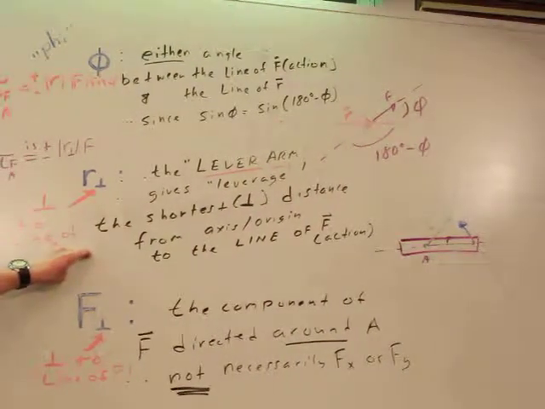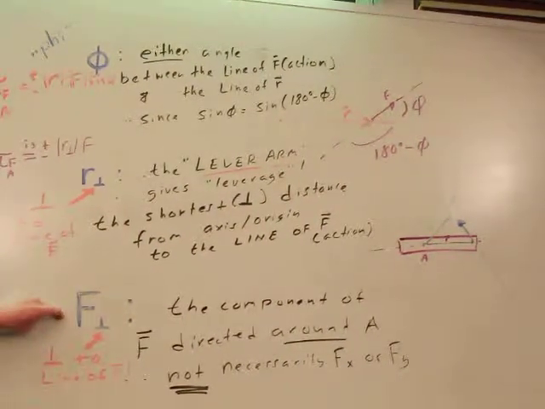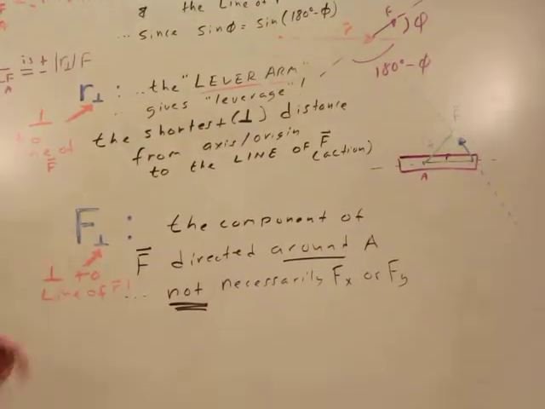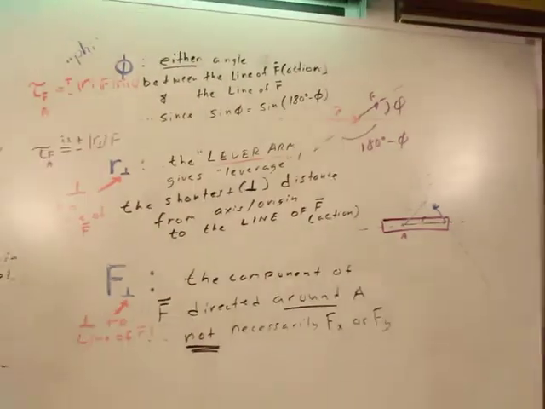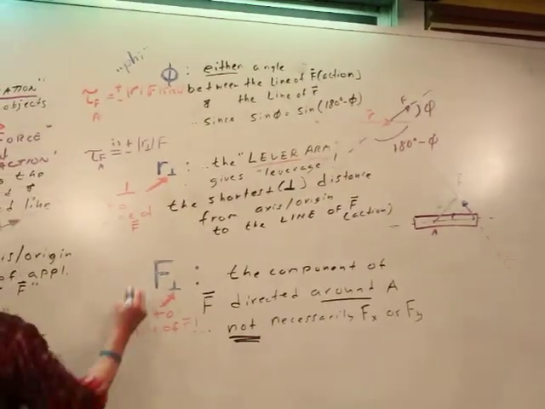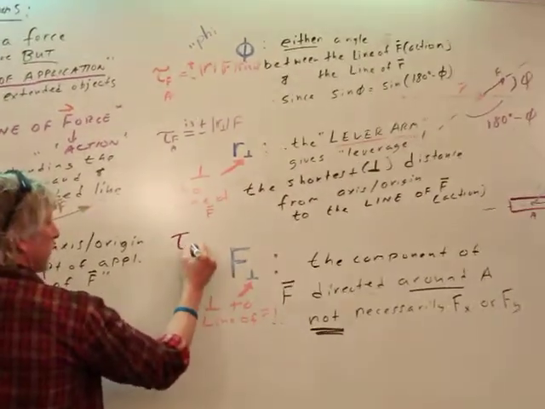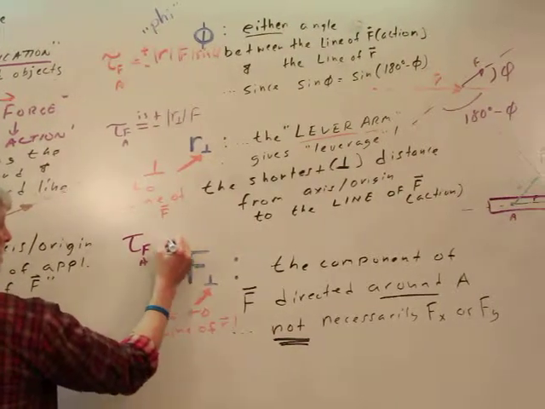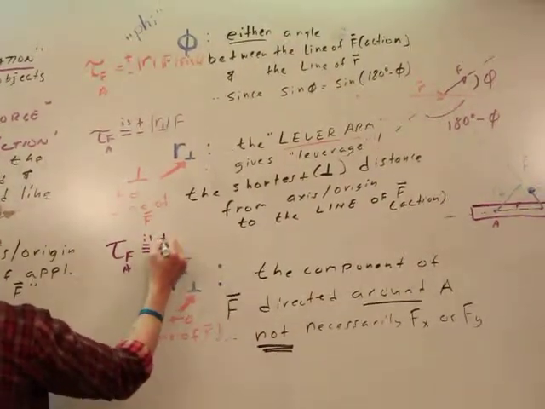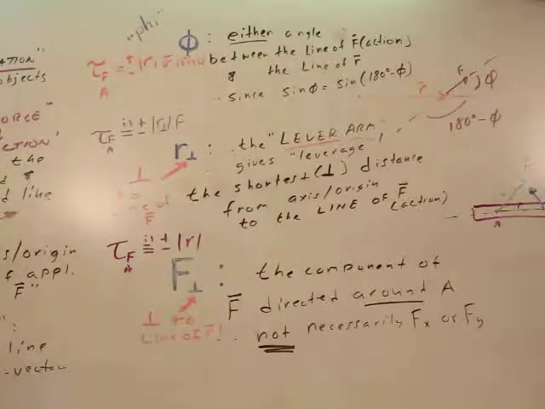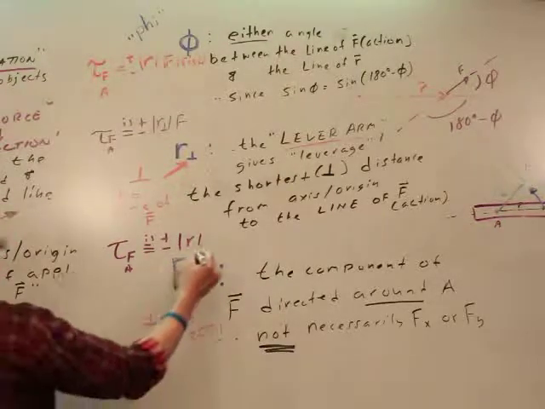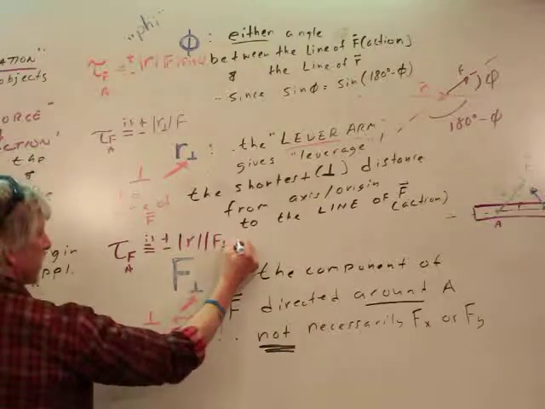Now we're doing F perpendicular. So why are we doing that? Well, we can also calculate this as the torque from that force around an axis is plus or minus the magnitude of R, which we've already defined, times F perpendicular.